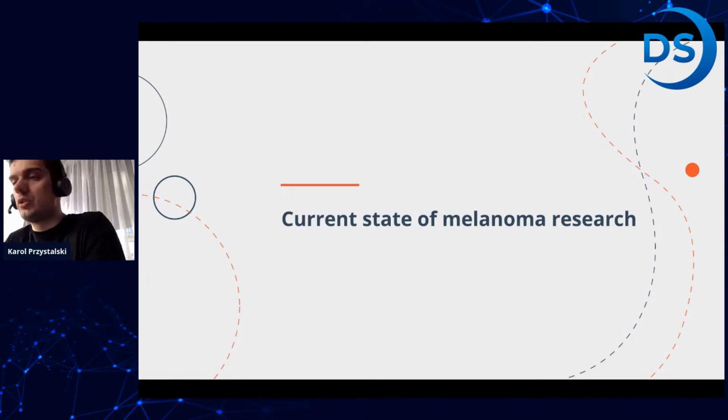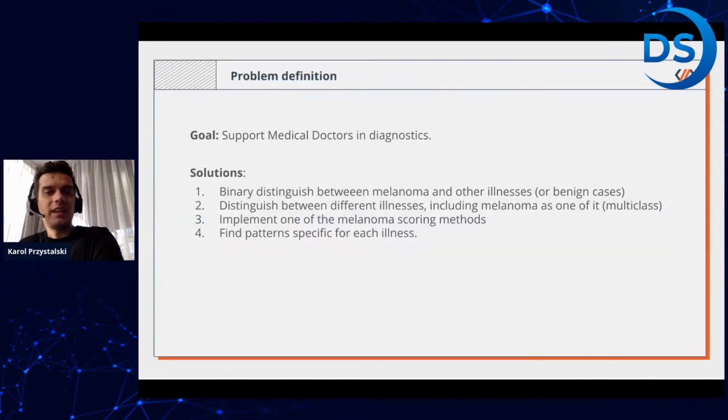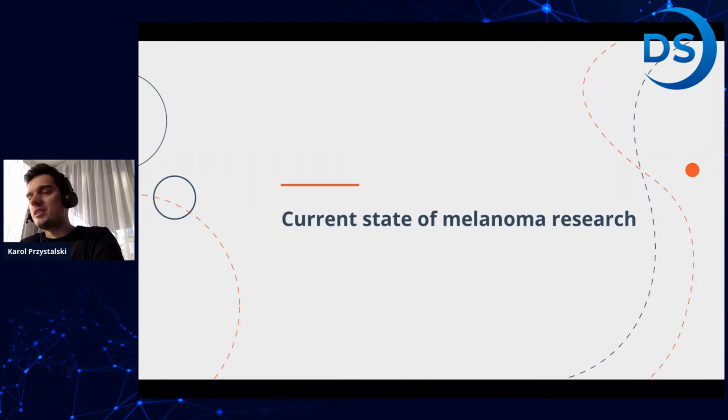So, what is the current state of machine learning research in general? When I started my research in 2008, it was quite hard because people didn't want to use any kind of machine learning methods. The medical doctors were afraid that AI would kind of replace them, or this kind of thinking.